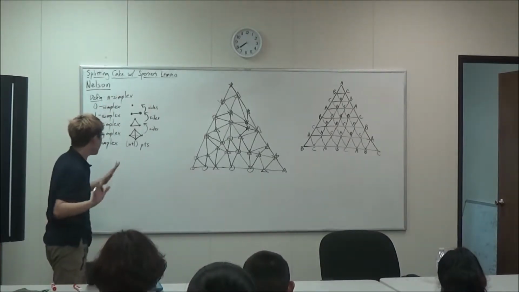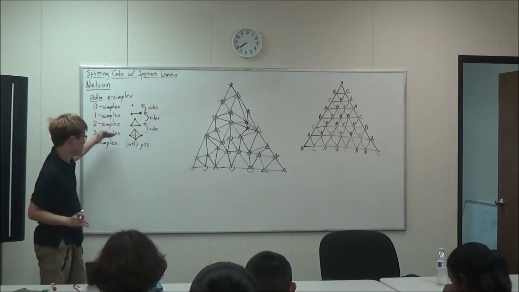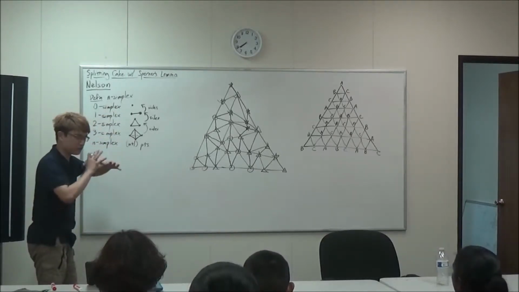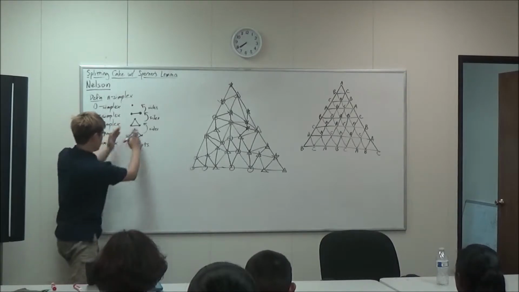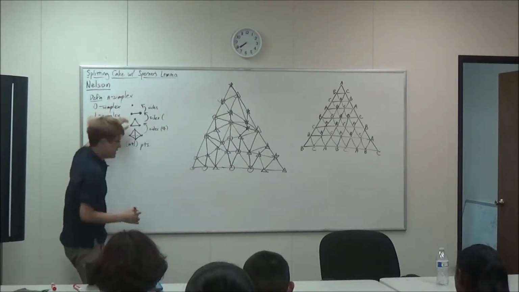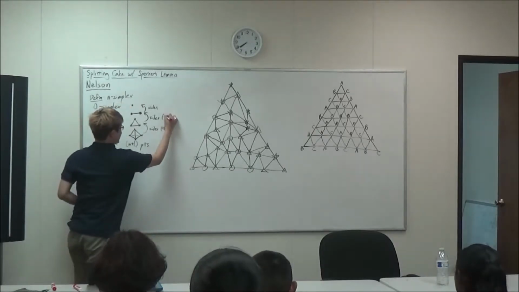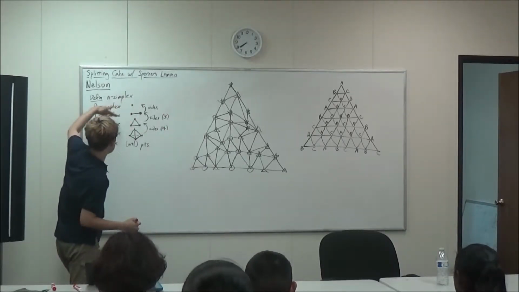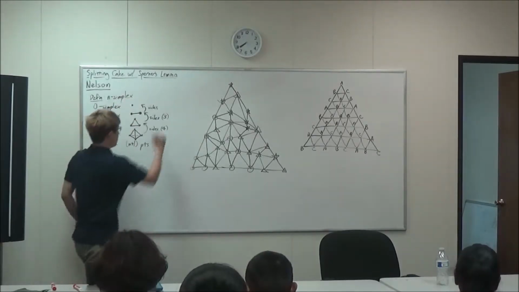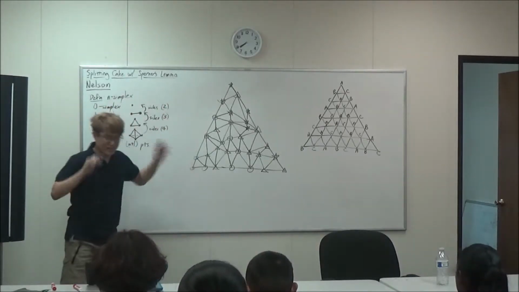One last thing: how many sides does each thing have? How many sides does a tetrahedron have? 4, right? 1, 2, 3, 4. There are 4 of them. A triangle has 3 1-simplex sides, and a line segment has 2 0-simplex sides.